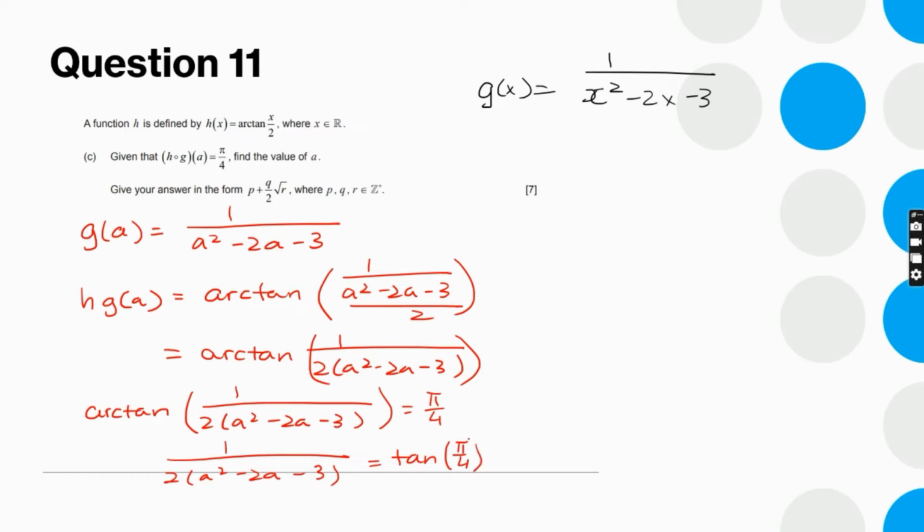Tangent pi over 4 is actually 1. So 1 over 2 times a squared minus 2a minus 3 will be equal to 1. I'm going to cross multiply, expand, and simplify.